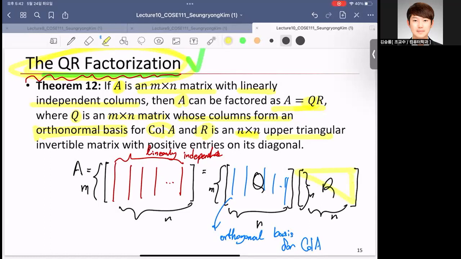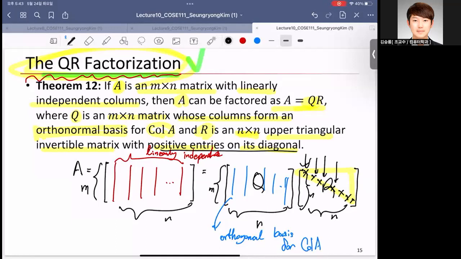Looks like this, right? An upper triangular invertible matrix with positive entries on each diagonal. It should look like this, and there should be positive entries on each diagonal. So each value should be positive. This is the QR factorization.